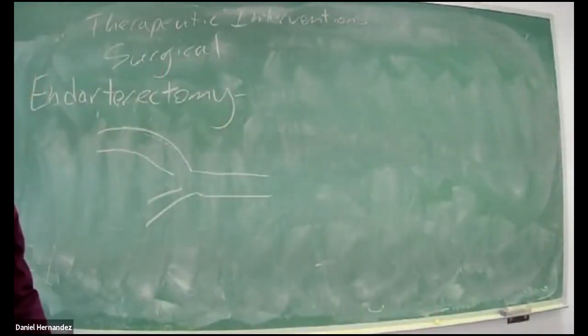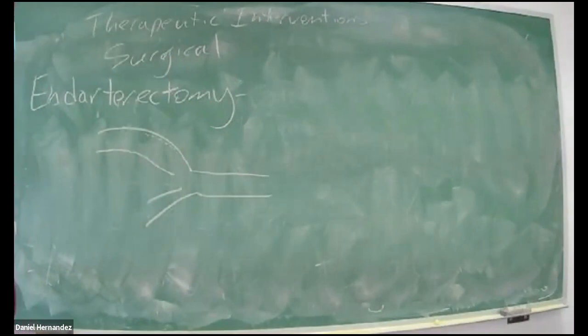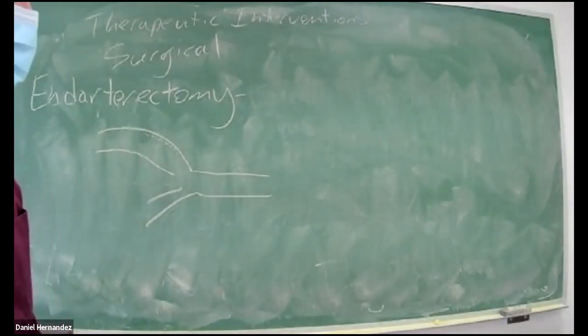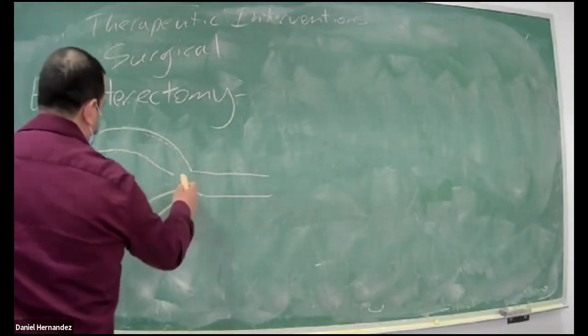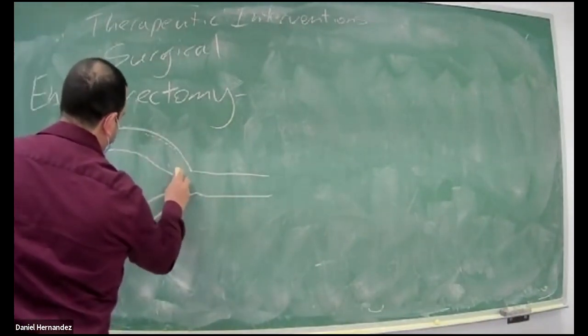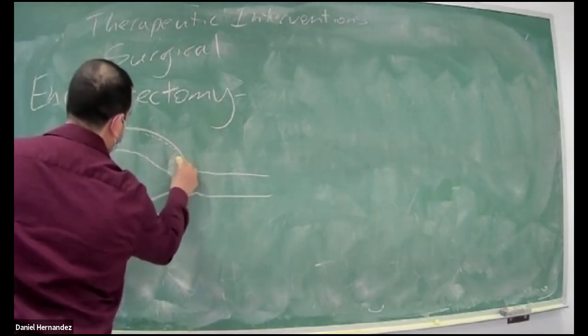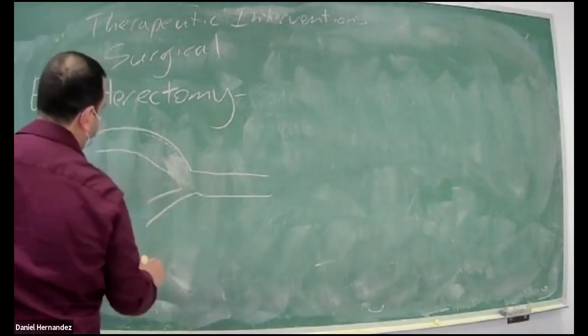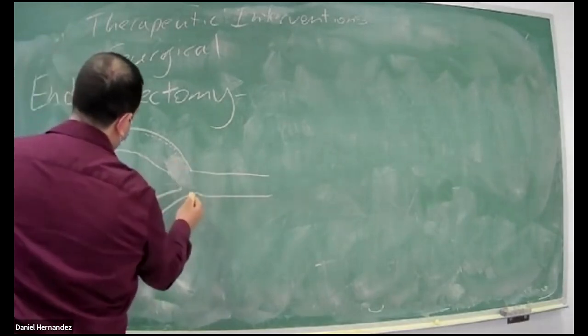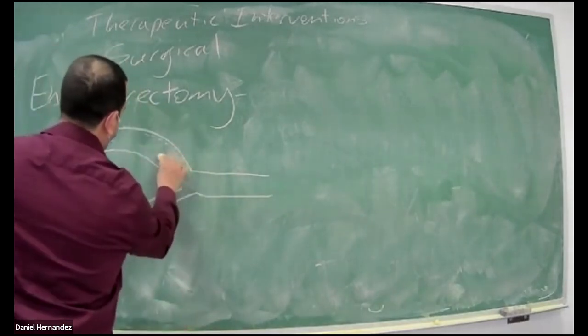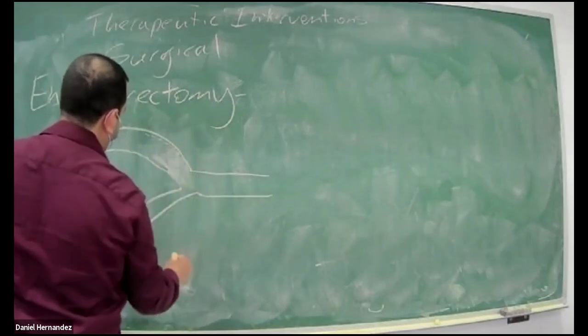But you could potentially see something called a patch in the area where they did the endarterectomy. So they're going to clean up that bulb and proximal ICA area. Like we said, this is usually the area where we develop most of our plaque. So they're going to open up the vessel, the proximal ICA and bifurcation.